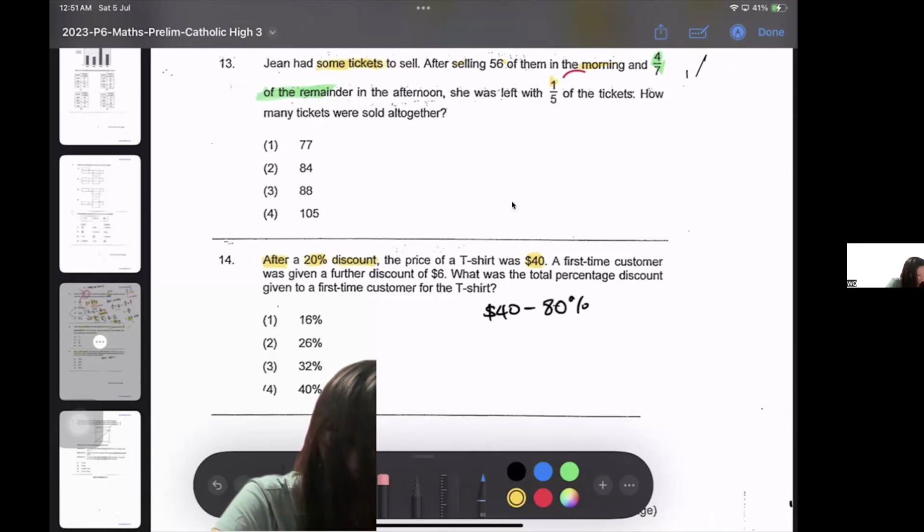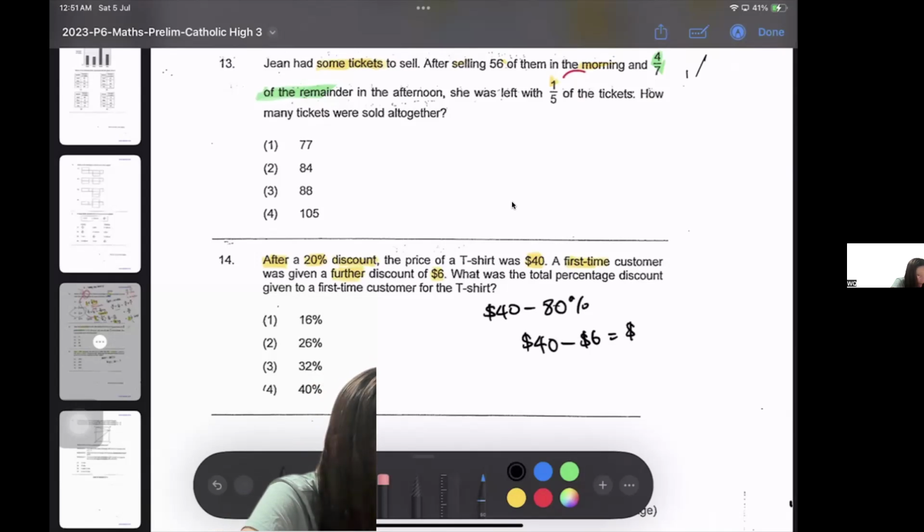Then next, a first-time customer given a further discount of $6, which means that your $40 minus $6, okay? That is the amount that the new customer pays, which is $34.